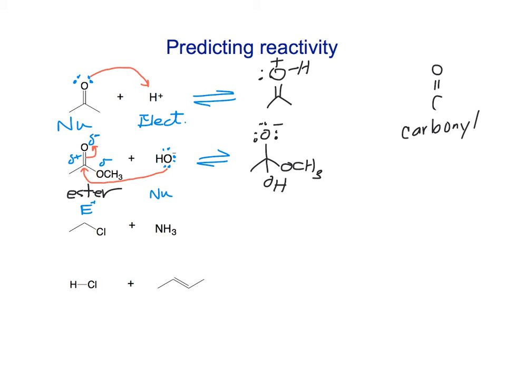All right, the next one, we have ammonia. Ammonia has a pair of electrons. It's going to make it be the nucleophile. This alkyl chloride has buildup of minus charge on the chlorine, leaving the carbon with a delta plus. And so ammonia is going to react with that carbon, minus going to plus.